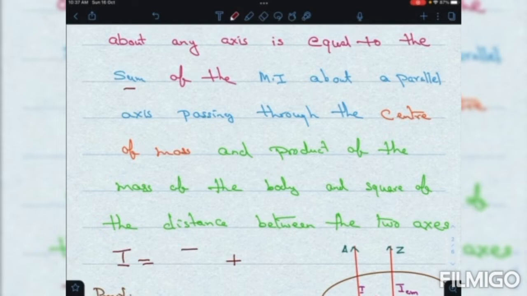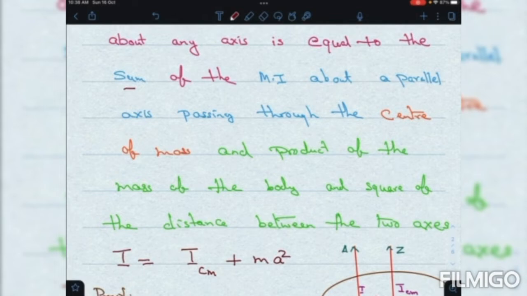So it will be ICM plus, and what else? Product of mass and square of the distance between the two axes. If a is the distance between the two axes, then it is the product of mass and square of the distance between them. So your parallel axis theorem is expressed as I is equal to ICM plus MA square.